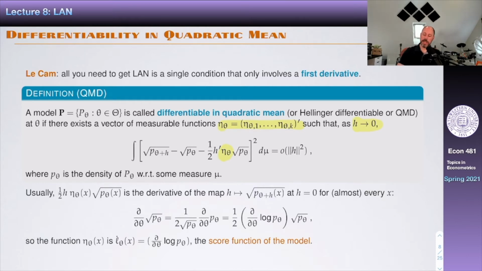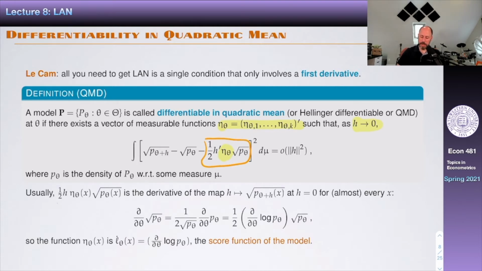So what the definition says is that the family is differentiable in quadratic mean if there are functions eta such that this condition over here holds. And usually this term over here, let me just mark it because it's the tricky term.